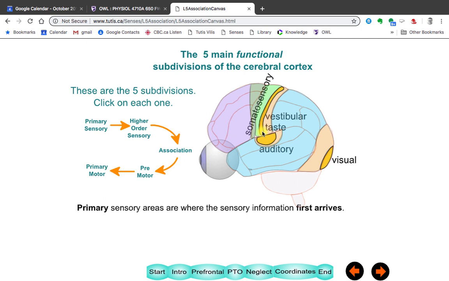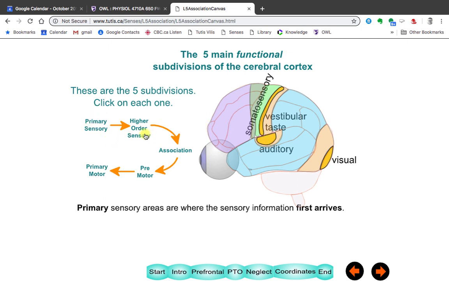Your whole body is laid out here with a face here, and the leg is over the side here. Then over here, as I mentioned, in the temporal lobe, you have where your sense of hearing first enters the cortex.